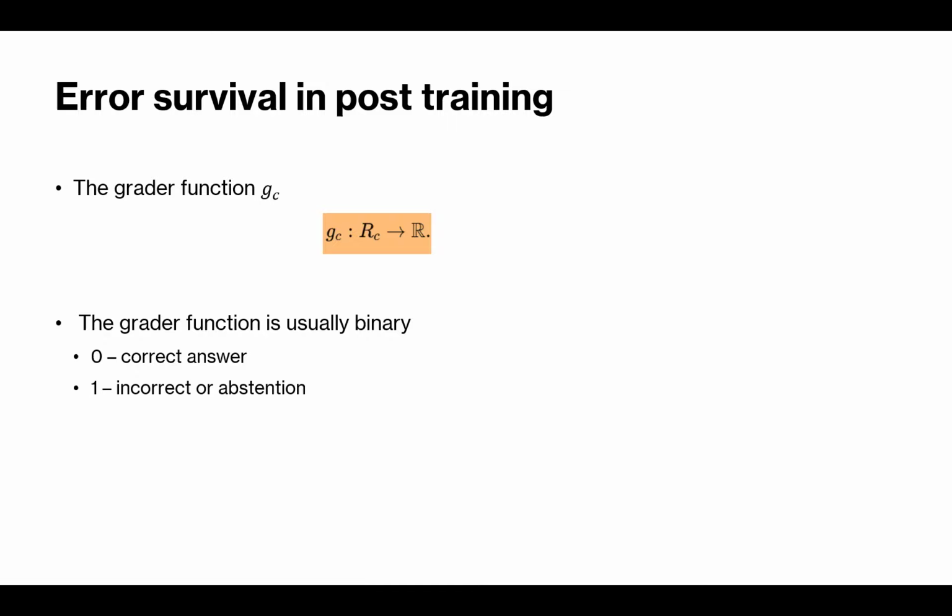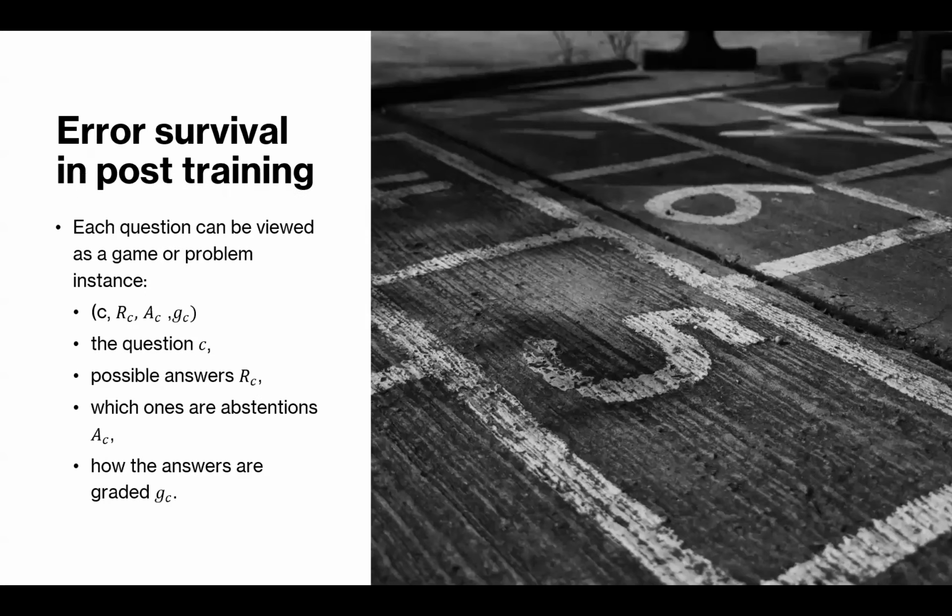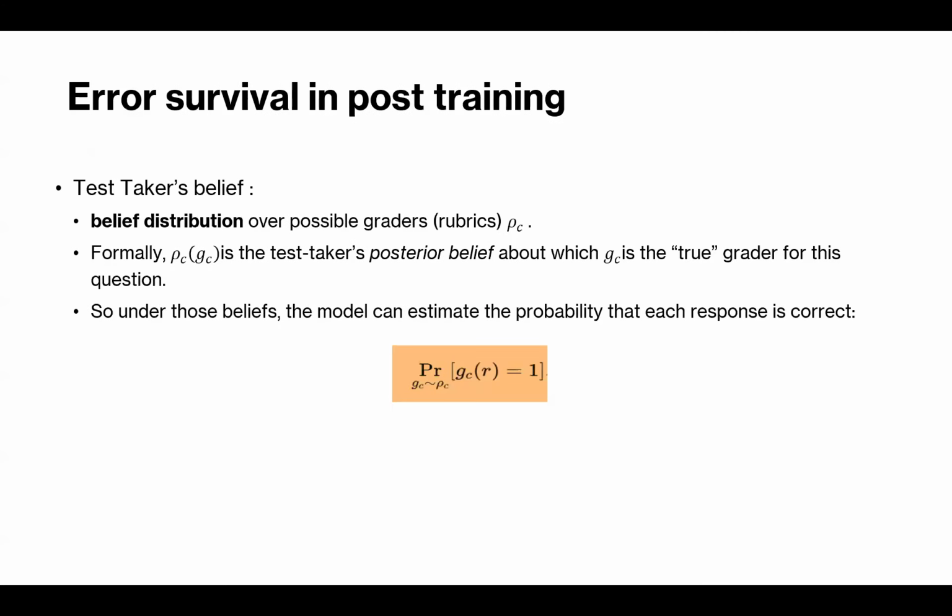If we treat that exactly the same as an incorrect response, the model will try to produce a response which sounds correct, right? So this can be framed as a game problem where you have a context, possible responses, abstentions as well, and the grader function is how the responses will be graded.